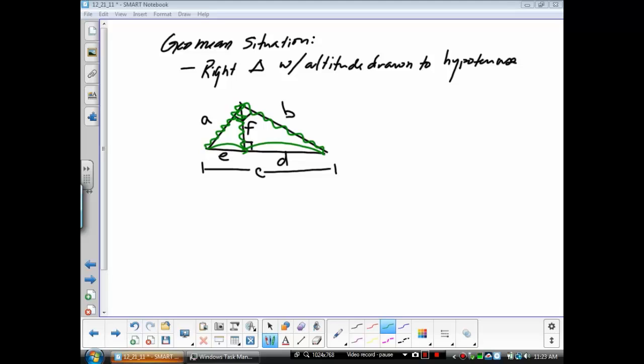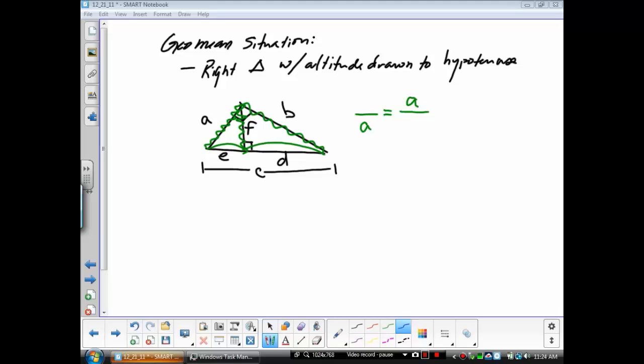So my geometric means always go in the lower left and the upper right position. Since A is a mean, A goes in that position in a proportion. What is A the mean between? E and C is correct.